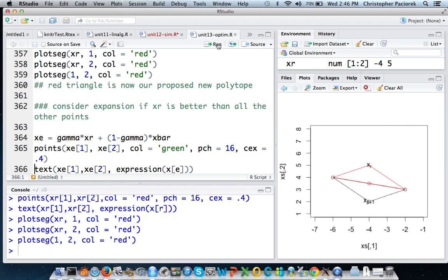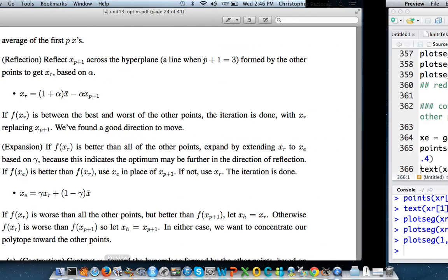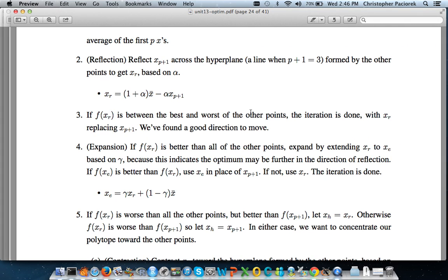And if this point is the best of all the points, what does that tell us? It tells us we really do want to be going in that direction because this is lower than anything else. So at that point, there's an expansion step which would move that even further out here and walk the triangle in that direction. On the other hand, now I have to go back to the notes to remind myself exactly how this works. Okay, so I just talked about the reflection.